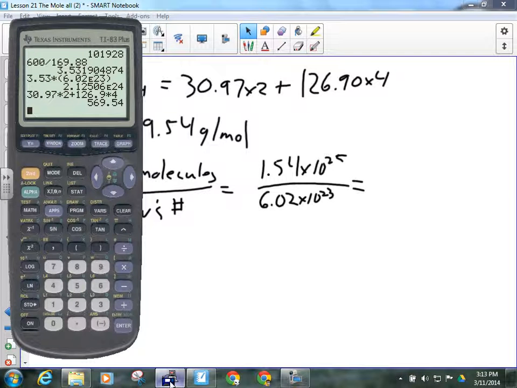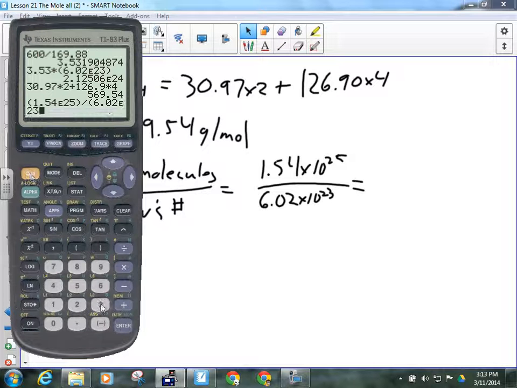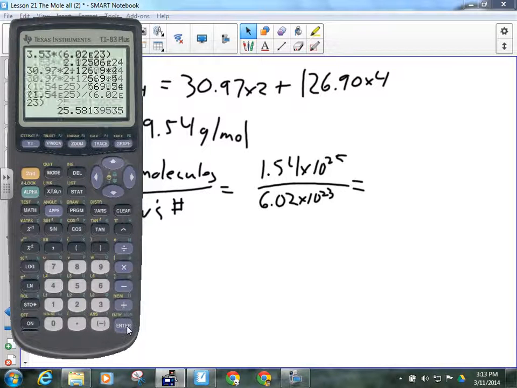Anytime you've got numbers with those times 10s, you have to enclose them in brackets. 1.54 times 10 to the 25, divided by Avogadro's number, 6.02 times 10 to the 23. So there's 25.58 moles of this stuff.